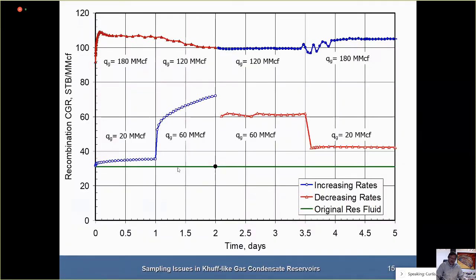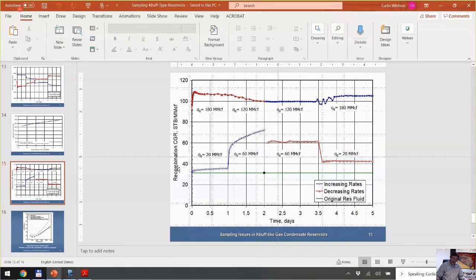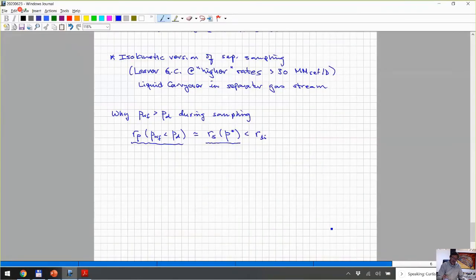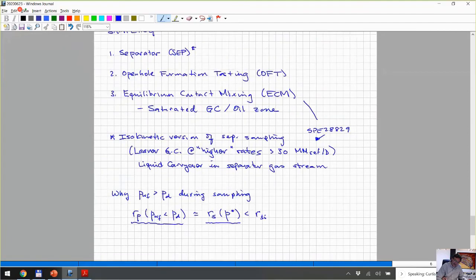Anyway, there's quite a bit of discussion on this in that presentation, and then the final slide from this is from this SPE paper 28-829. That's the paper that also deals with isokinetic sampling, and as well it is the same paper that introduces this ECM method.